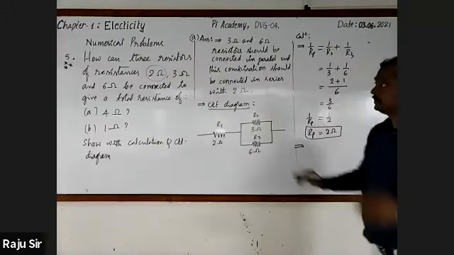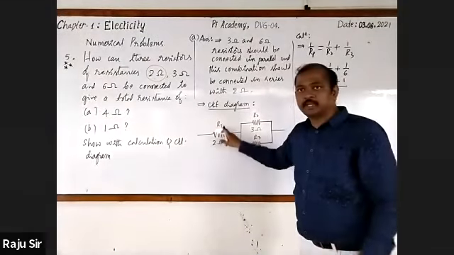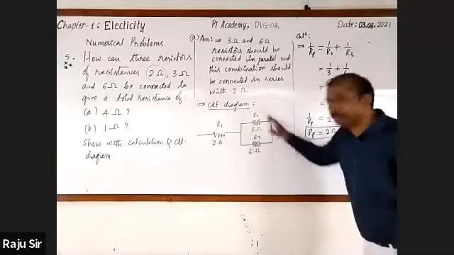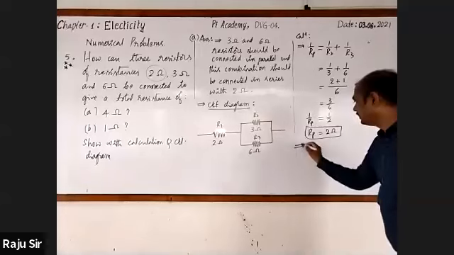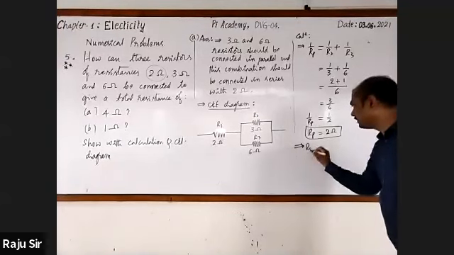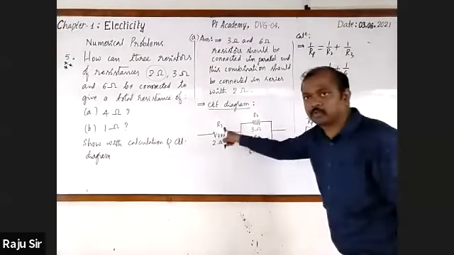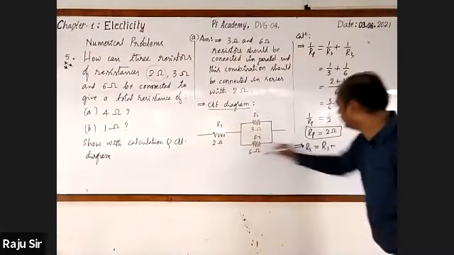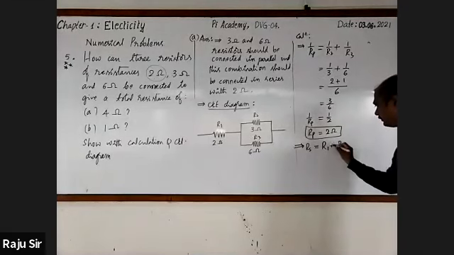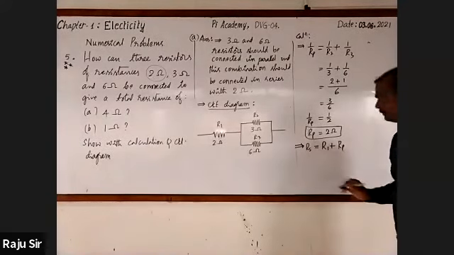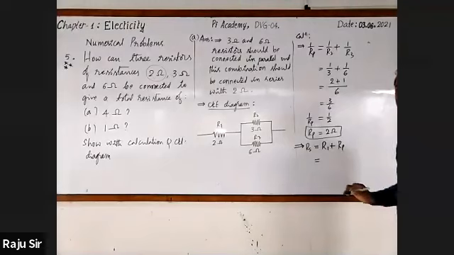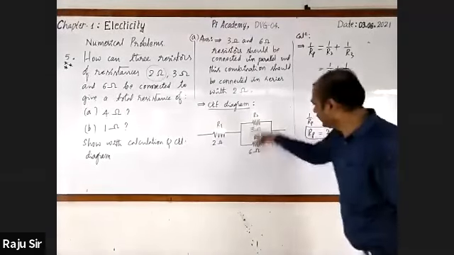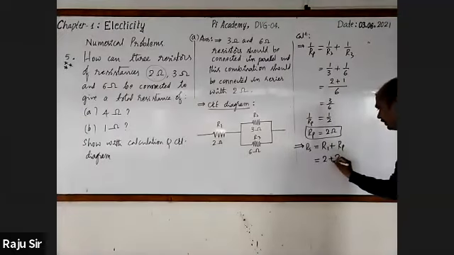Whereas this 2 ohm, that is R1, is connected in series with this combination. Hence, let us find out Rs. Rs is equal to R1 plus Rp. R1 is 2 ohm, then Rp is 2 ohm.